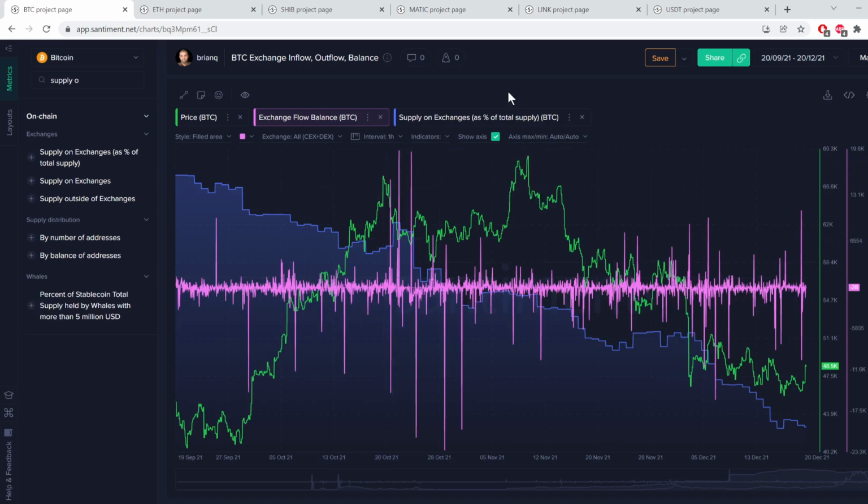So it tends to be a little more reliable on the inflow side because there's really only one purpose when it comes to coins moving to an exchange. That's at least theoretically going to be for the purpose of selling coins, transferring them away from your current holdings. On the outflow side, though, there can be multiple reasons.